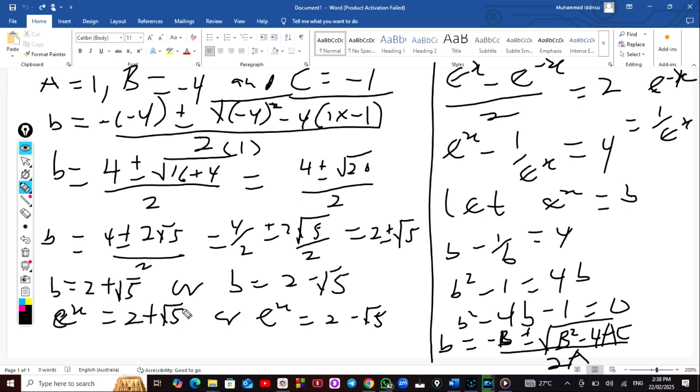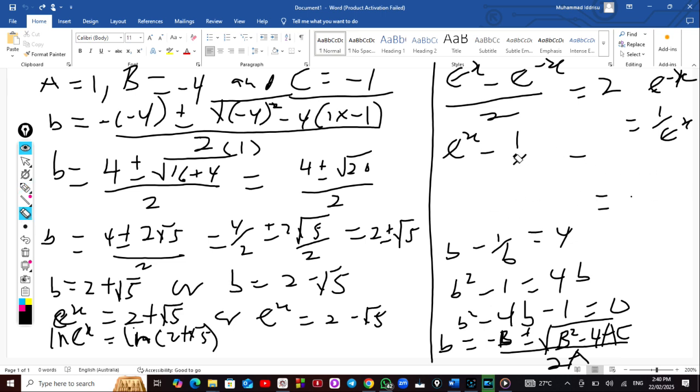Here we take the natural log of both sides. So ln of e to the power x will be equal to ln of 2 plus root 5.